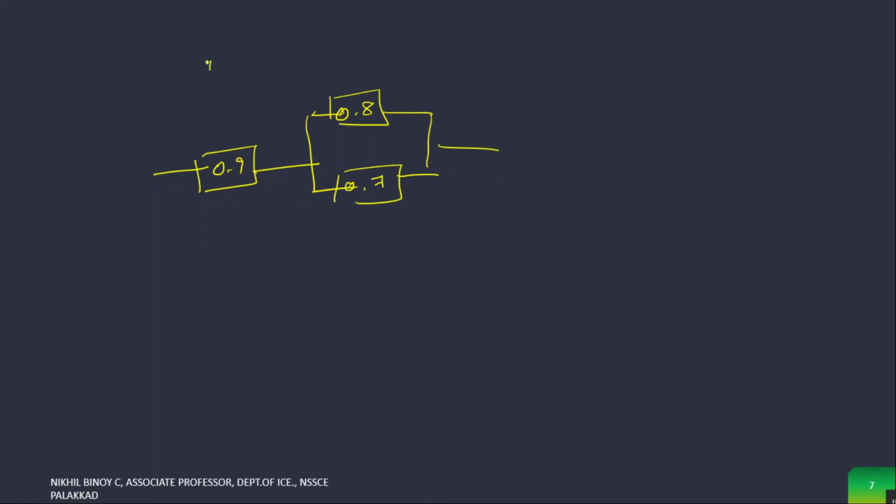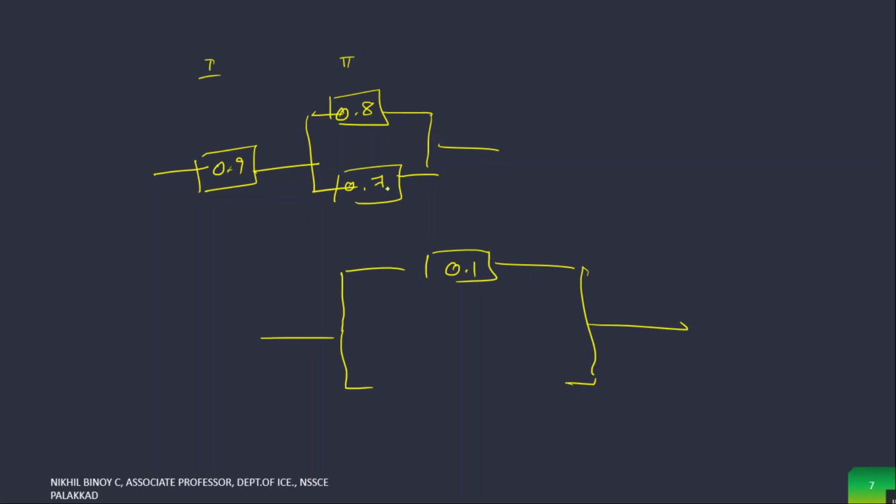So you can see that the first one is a series configuration of 2 blocks. So if you are finding the corresponding probability of failure, this series configuration of blocks will become a parallel path. So this is 0.1. Okay. Then the next one, this block will become a parallel one. So here we have another parallel one.